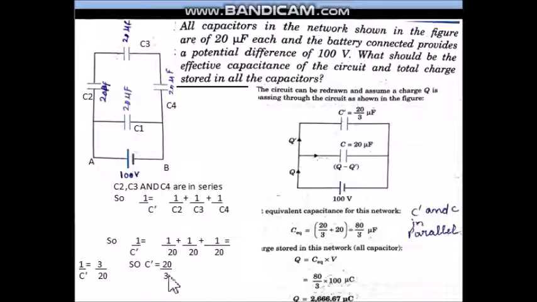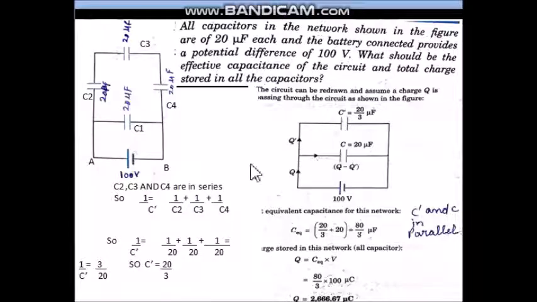Now after getting the answer of any part of the circuit, we have to replace the three capacitances by a single capacitance. In place of these three, you draw a single capacitor, name it C dash, and write the value 20 by 3, which is obtained as the net answer.